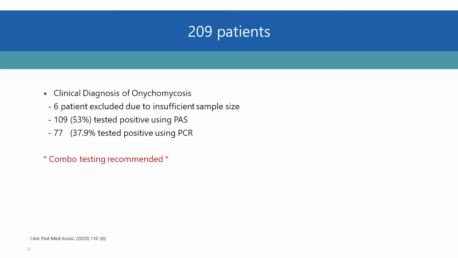We're going to talk about nail specimen collection here shortly, but that's one note that is very important. Now, 109 patients tested positive in this study utilizing PAS staining. 77 patients tested positive using PCR DNA assay. The recommendation from the study was that combination testing was appropriate in all scenarios.